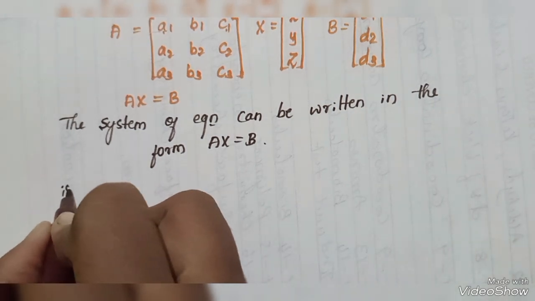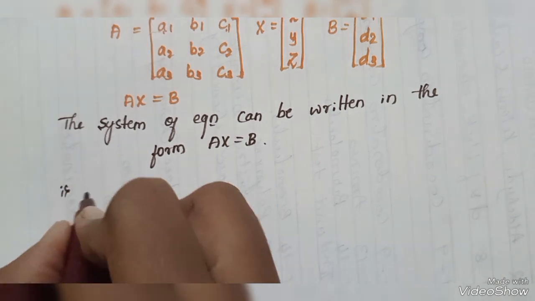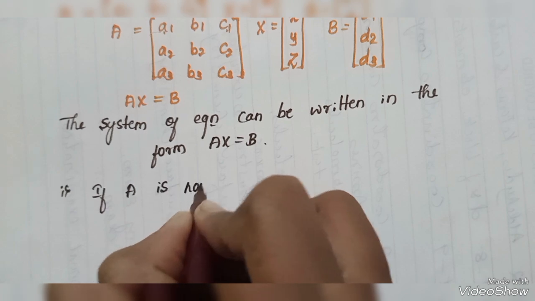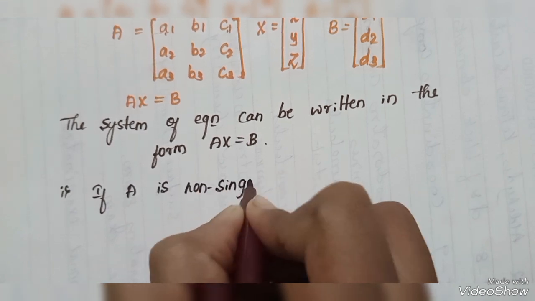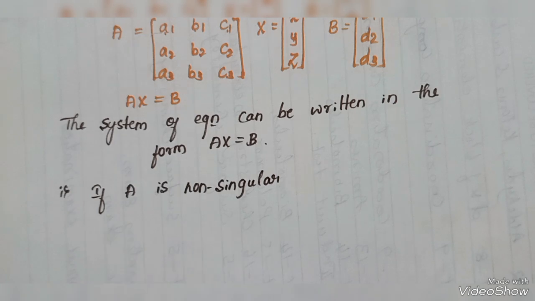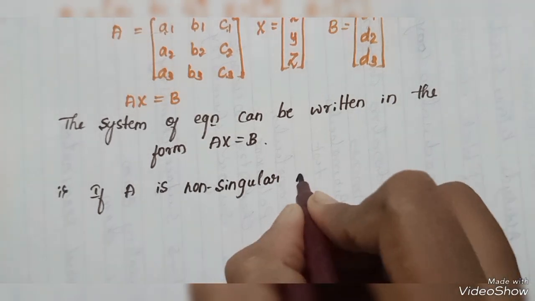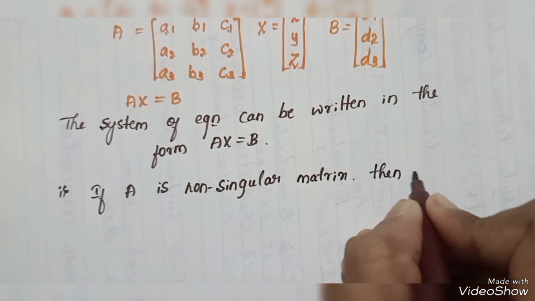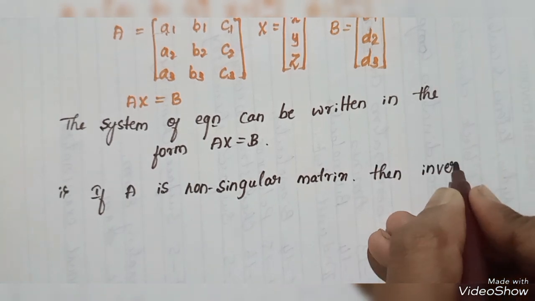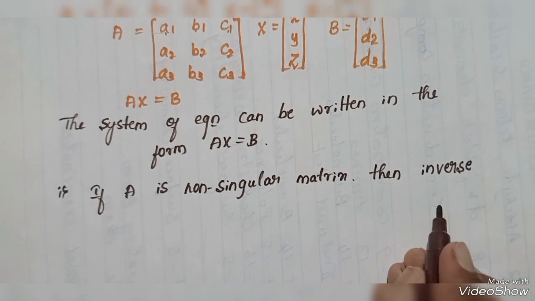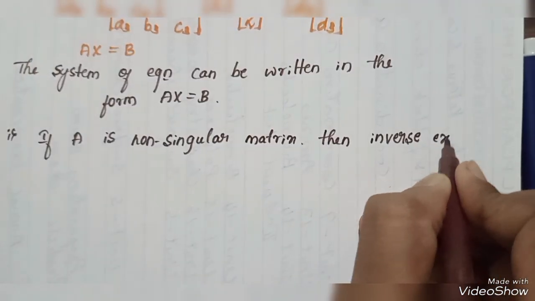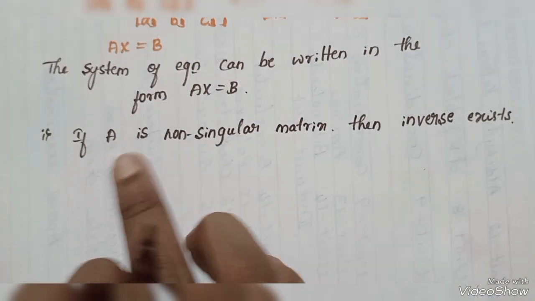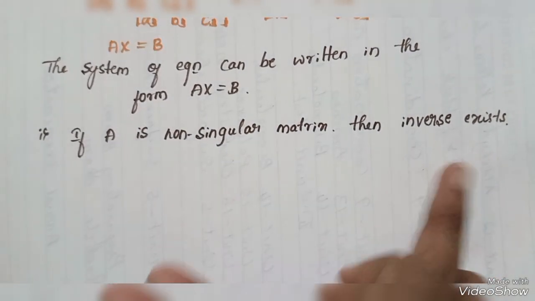The first condition: if A is a non-singular matrix, then the inverse exists. Otherwise the inverse does not exist.